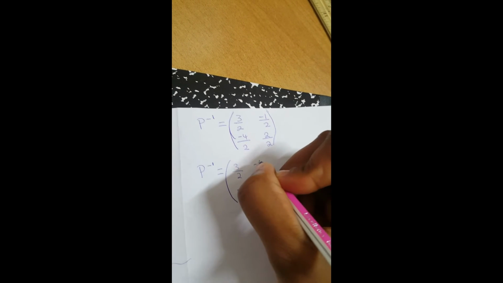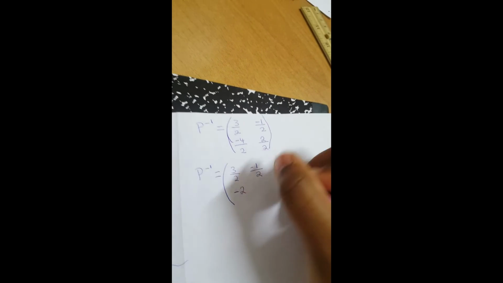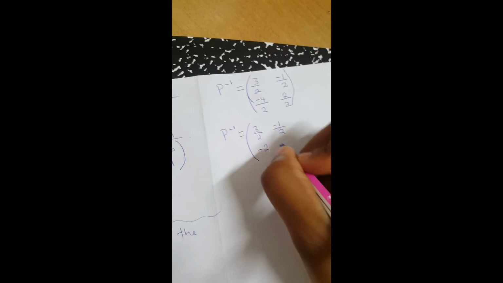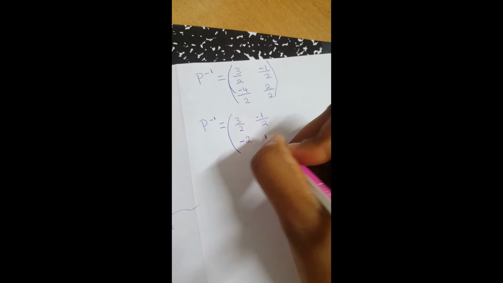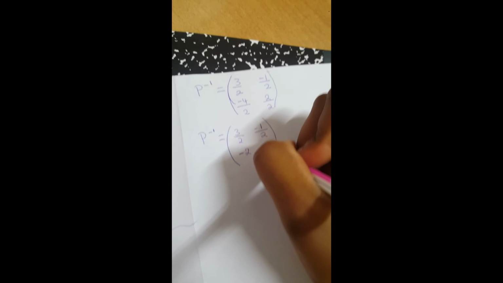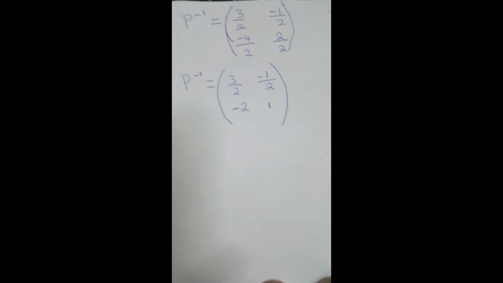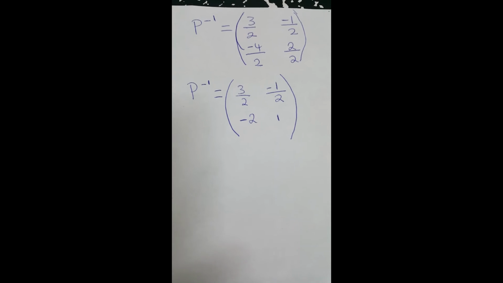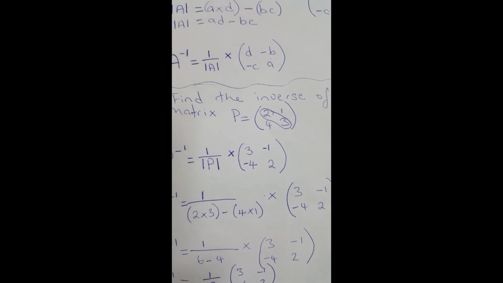This is -1 divided by 2. This can remain the same, and 2 divided by 2 is 1. And this would be our inverse for the original P that we were given right here.